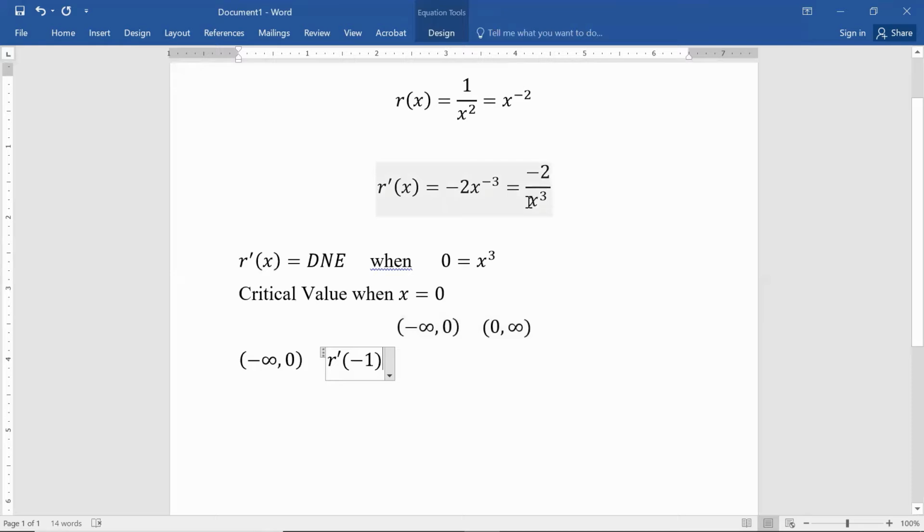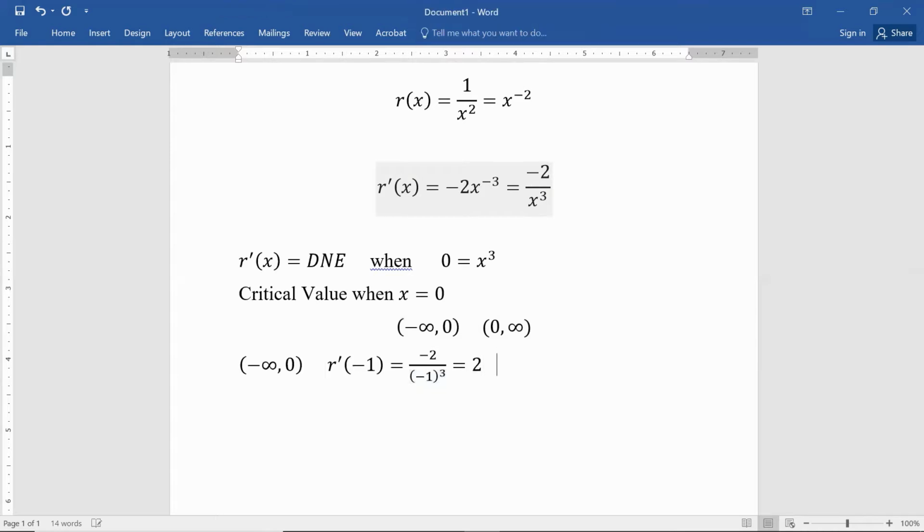If I choose the number negative 1, I get a function output, which is negative 2 divided by negative 1 to the third power. And when you calculate that, you get a 2. So I know from negative infinity up to 0, r of x is increasing.